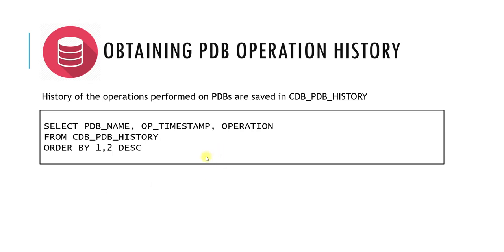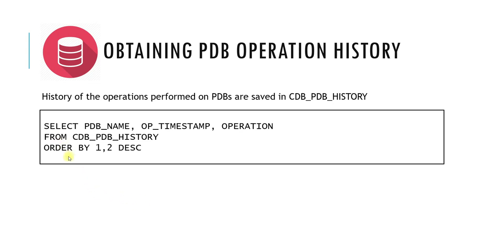Now if you want to see the history of whatever has been modified in a PDB, everything will be pushed into CDB_PDB_HISTORY. So in case you want to create a report, let's say you have a critical application and you have 10 banking databases sitting under the CDB, every week there could be a cron job that runs and fetches the details from CDB_PDB_HISTORY and checks if there has been a compliance breach or something.